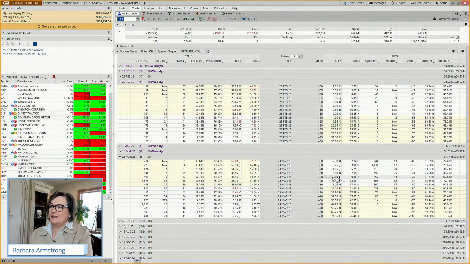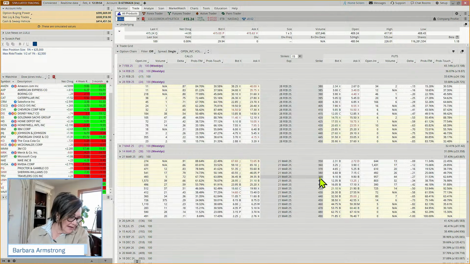At the 390 strike, which is below, we're talking about maybe having a stop around 395. You've got better than a 50-50 chance of it coming down and touching it, 62% of it coming down to 390. Where if we look at the 356 strike, the probability of it coming down and touching our stop is under 30% somewhere.